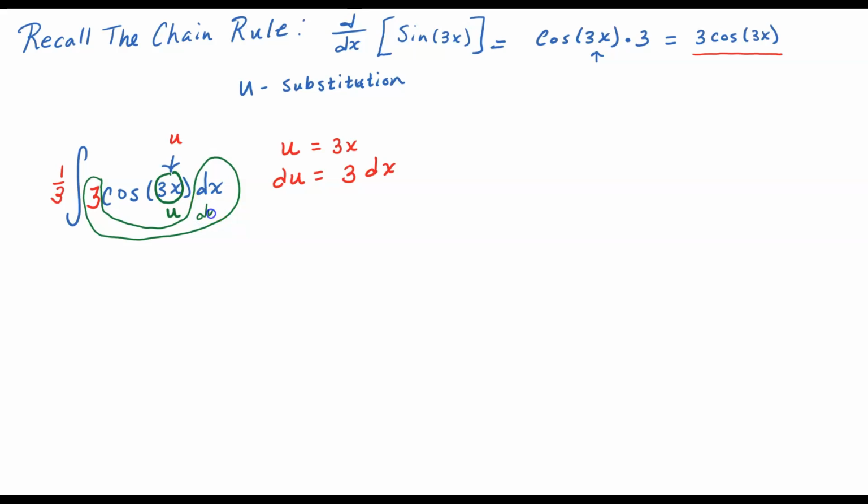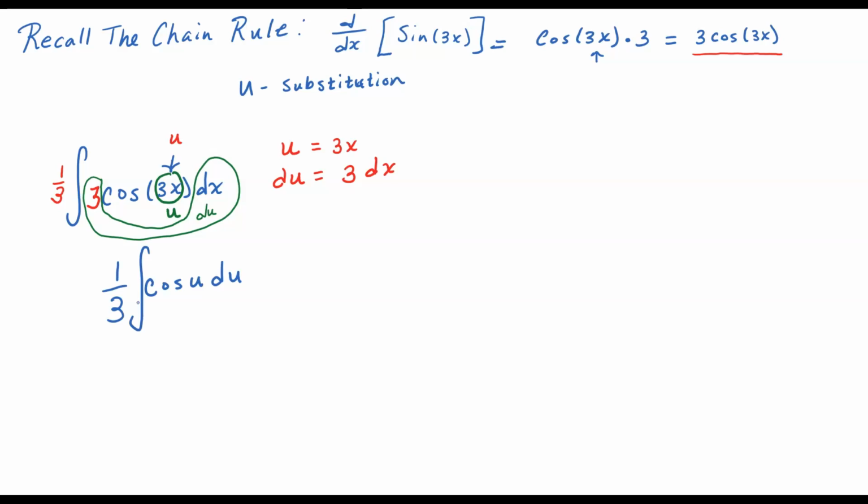We're going to call that du. So now I'm going to rethink the way that this looks: I've got 1/3, and I've got the cosine of u du. I'm going to rewrite that integral just like that: 1/3 the integral of cosine of u du.